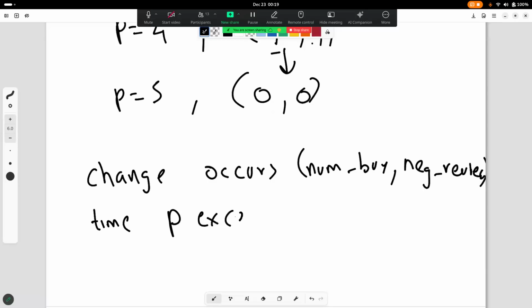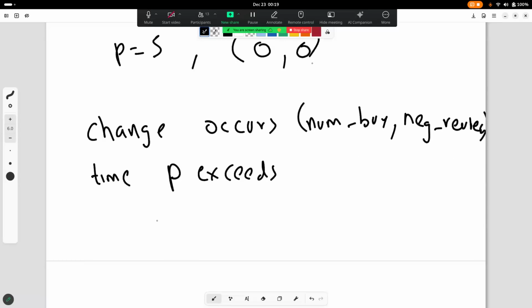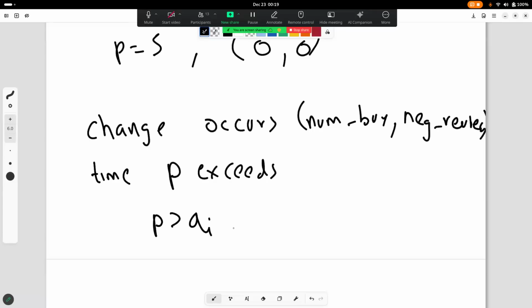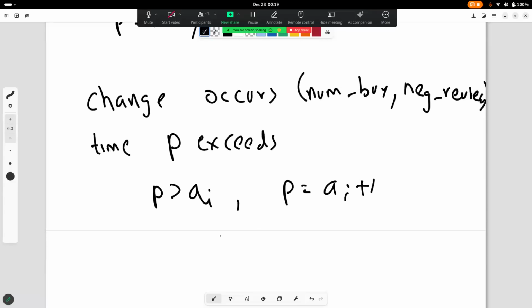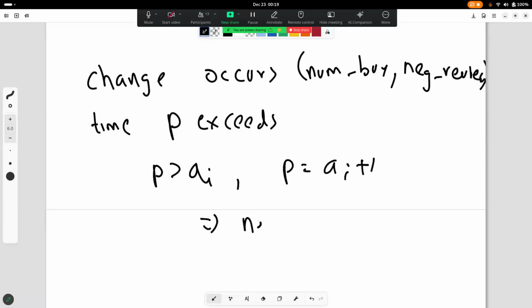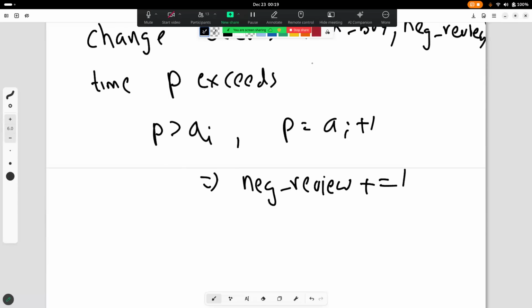If P exceeds A of I, basically if P becomes equal to A of I plus 1, then one customer would still buy that tree, but your negative review count would increase by 1.